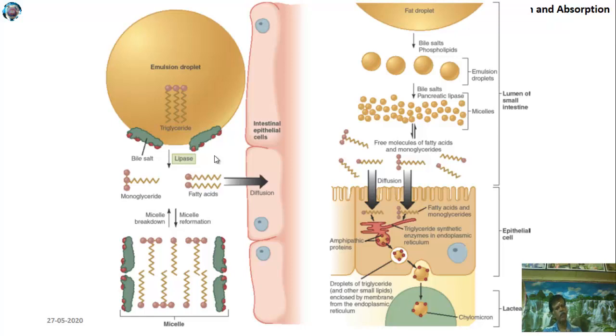Okay, so once they come inside the intestinal cell, these molecules, that is the fatty acids as well as the glycerides, again combine with lipoproteins, and then they form a molecule which is known as the chylomicron, and these chylomicrons again enter into the interstitial fluid region, and then from the interstitial fluid region these chylomicrons go.